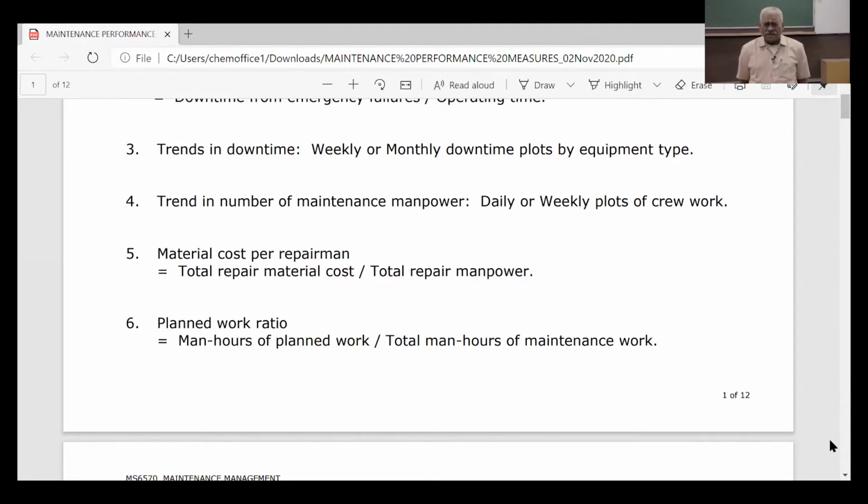As you can see, the definition is the man hours of planned work. Remember, we do maintenance planning. So the maintenance planning will have one of the settings as man hours of planned work. How many hours of planned work? This we will know because the planned work will consist of specific maintenance operations, which we have discussed earlier.